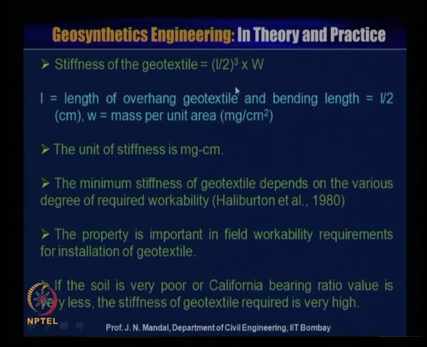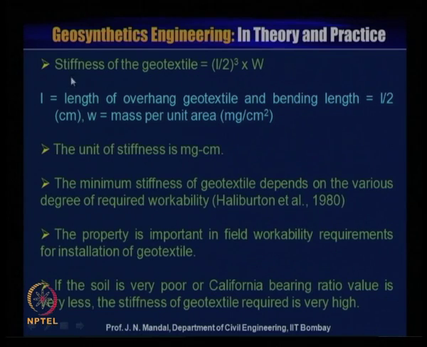Stiffness of the geotextile is (L by 2) whole to the power 3 into W, where L is the length of overhang of the geotextile and the bending length is L by 2, expressed in centimeter, and W is the mass per unit area, expressed in mg per centimeter square.